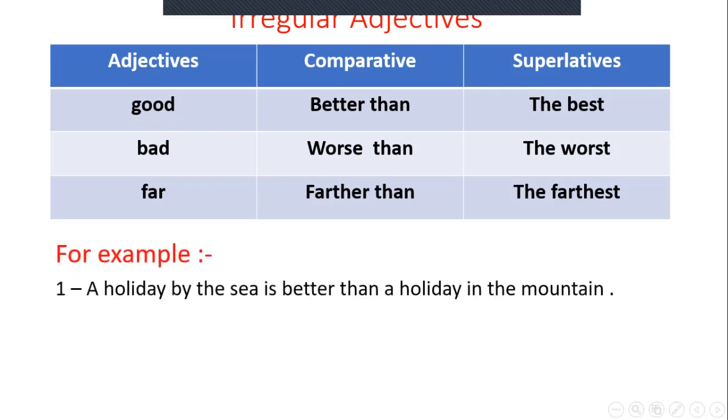For example, a holiday by the sea is dash a holiday in the mountains. Here we make comparative, okay, not superlative, because we compare between a holiday by the sea and a holiday in the mountains. So here, my students, will we use what? Better than or the best? Great, excellent.